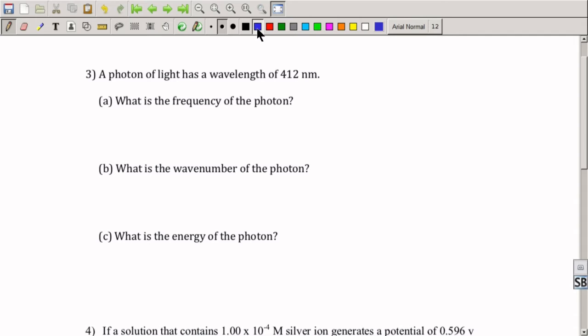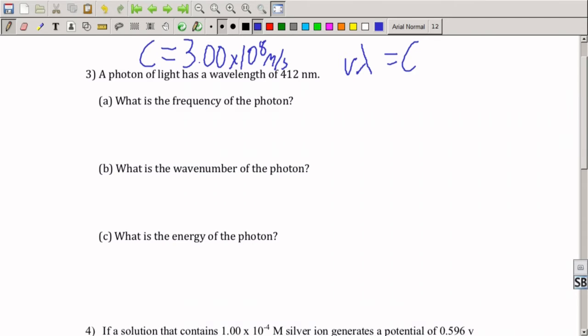The first one is that the frequency times the wavelength is going to give you the speed of light. And the speed of light is 3 times 10 to the 8th meters per second in a vacuum. Okay, that'll help you with the first part.